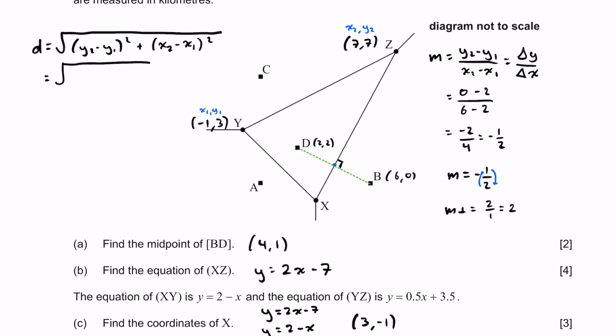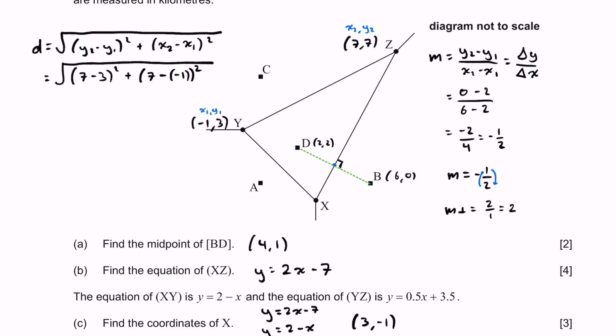Y2 minus Y1. So this would be 7 minus 3 squared. X2 minus X1. This will be 7 minus, and then just be careful here, it's minus 1. So negative and a negative, this would become positive, of course.